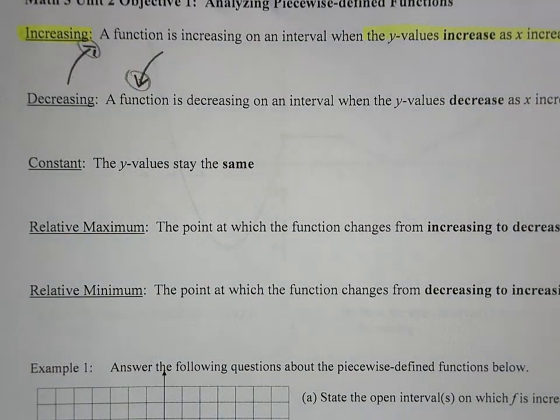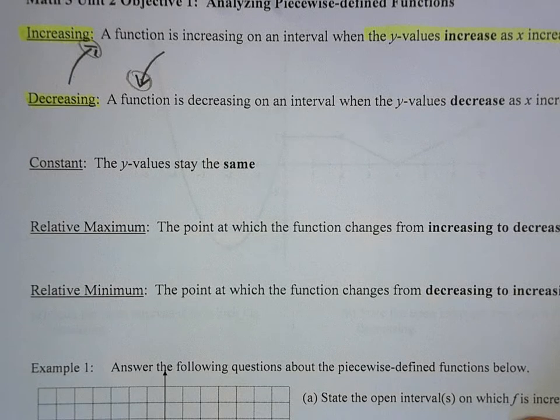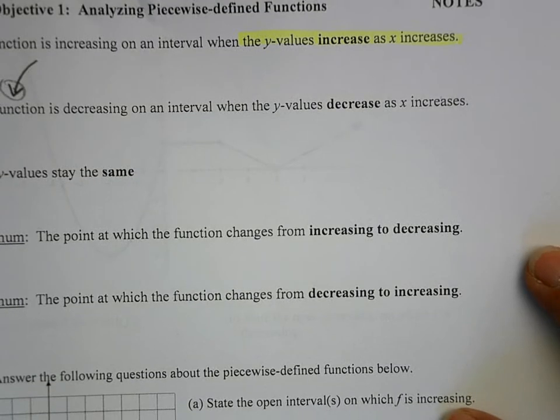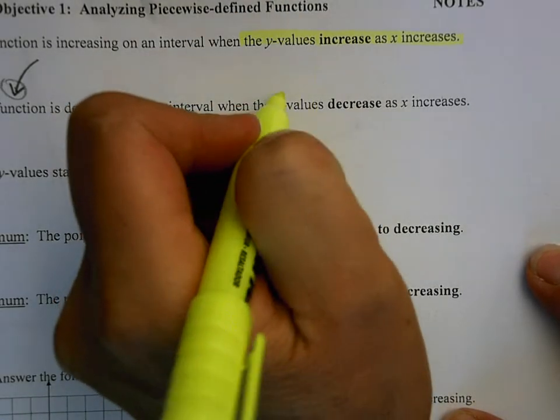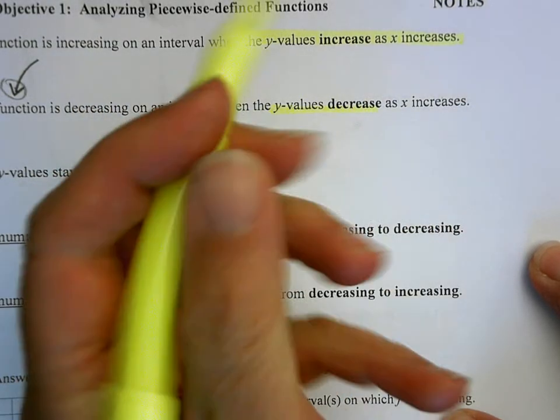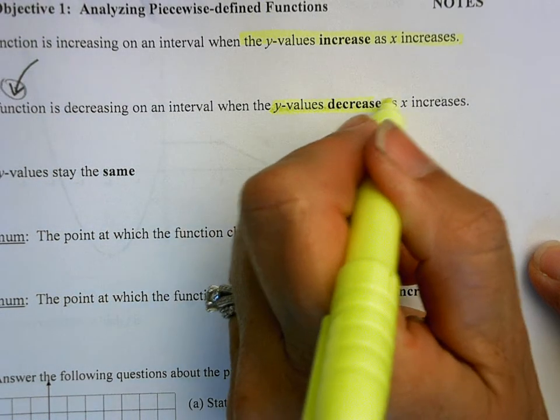The second thing we take a look at is decreasing. A function is considered to be decreasing on an interval when the y values decrease as x increases. The y values are going downwards, provided your x values are increasing.